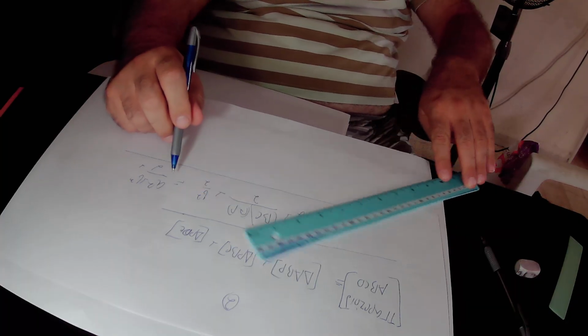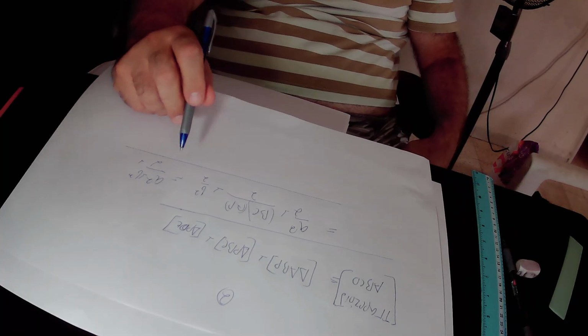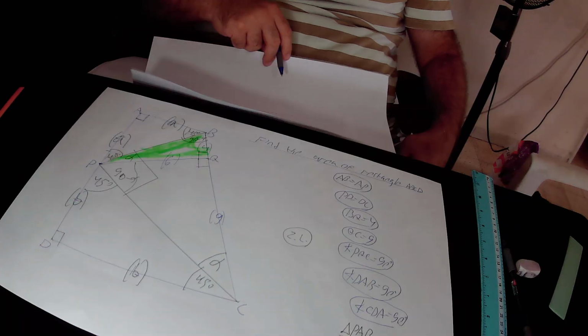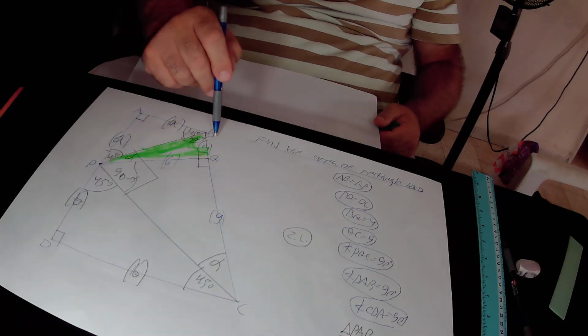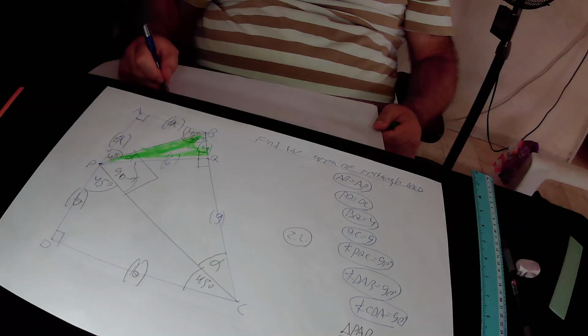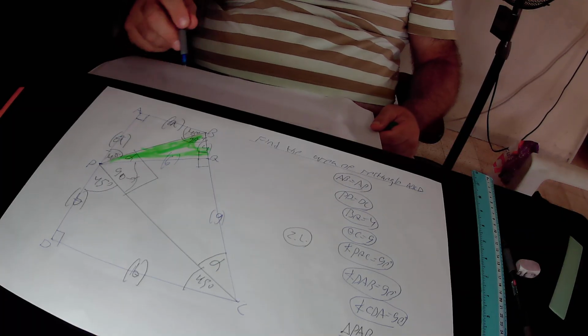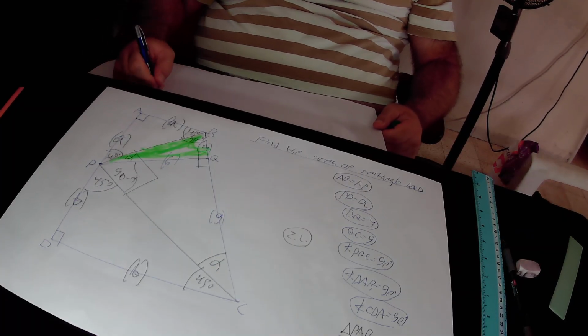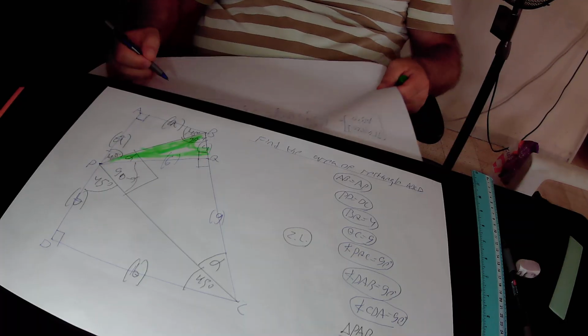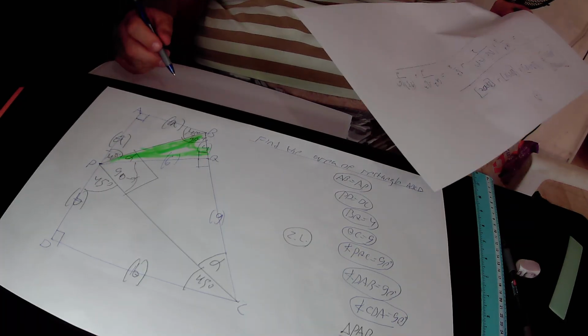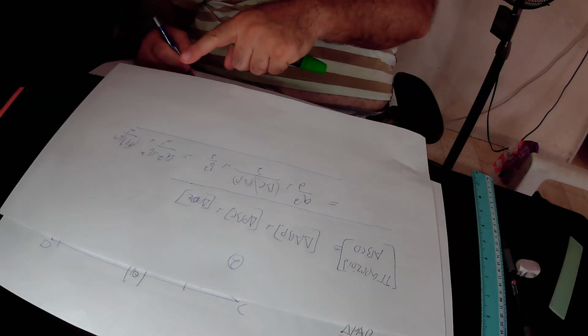plus the area of the big right triangle PBC. BC in total equals 4 plus 9, that is 13, times QP, where QP is 6, divided by 2. So the area of the big right triangle PBC is equal to 13 times 6 over 2.